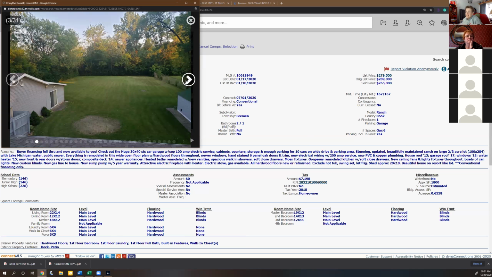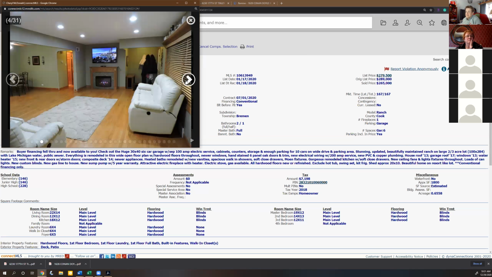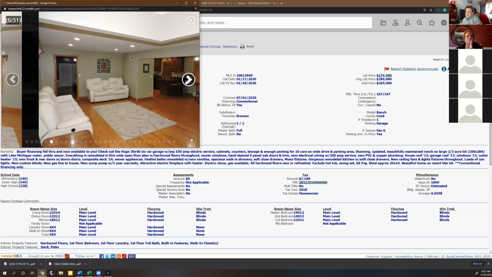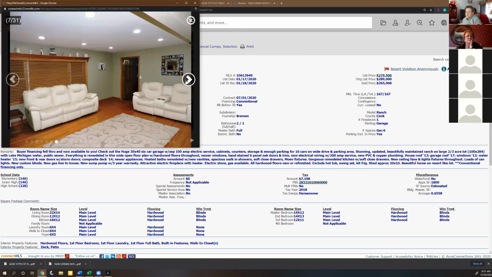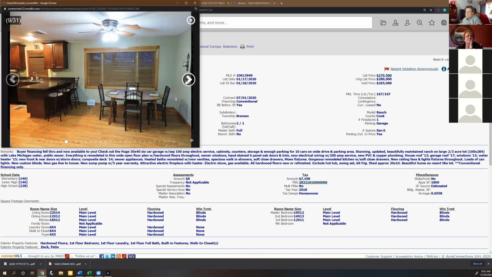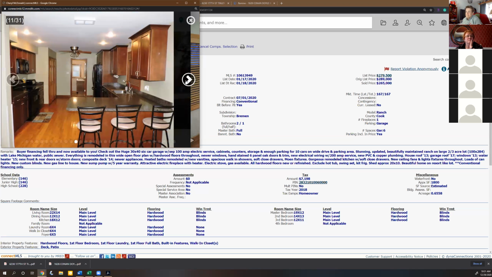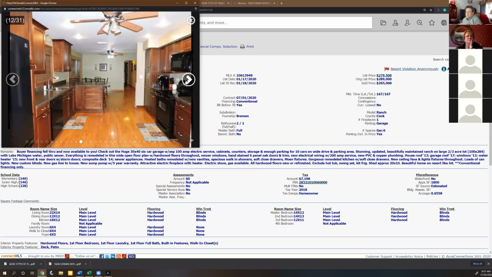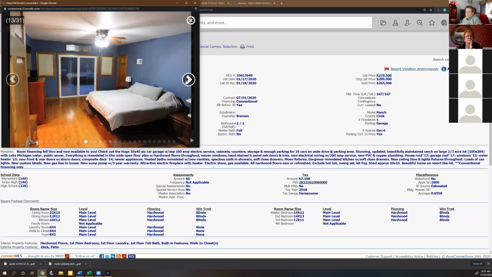Again, super huge lot. We got big lots down here. Doesn't look terribly updated.